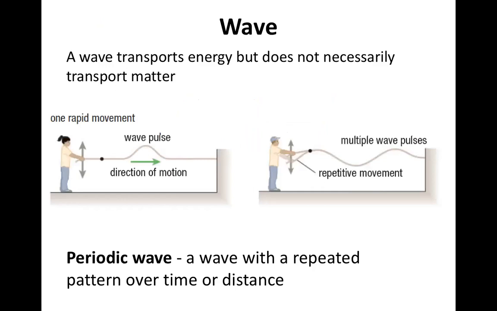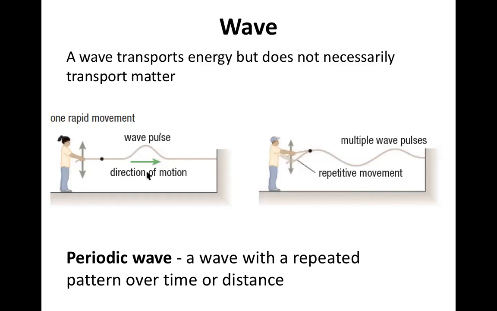A wave transports energy, but does not necessarily transport matter. So a wave pulse, like this, carries energy along the string. Let's say you tied the string to the wall and you held the other end and you moved your hand up and then down, you would send a wave pulse.